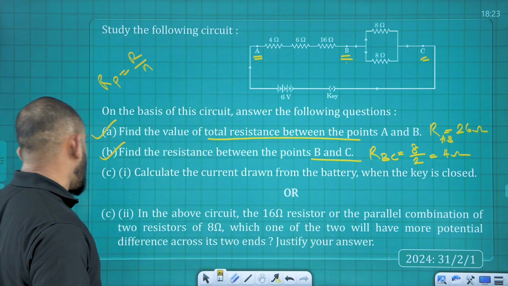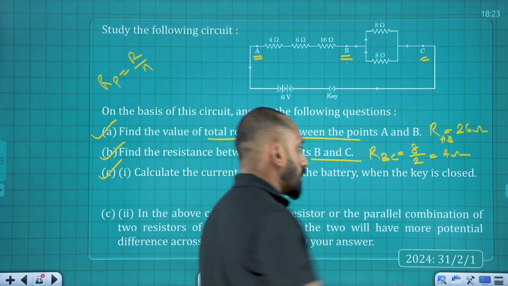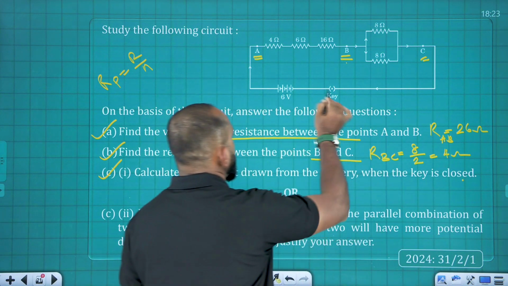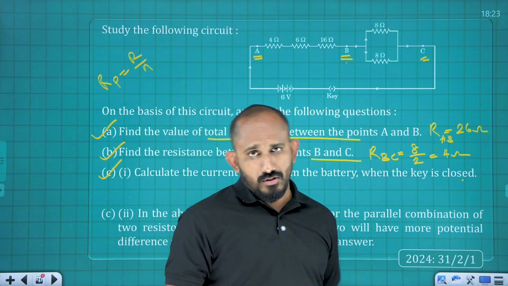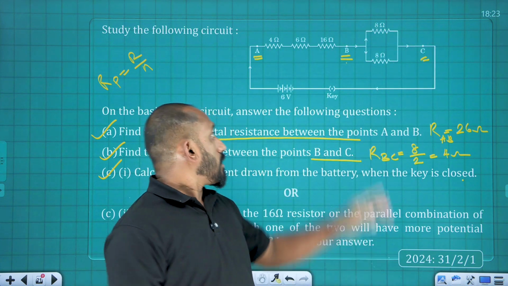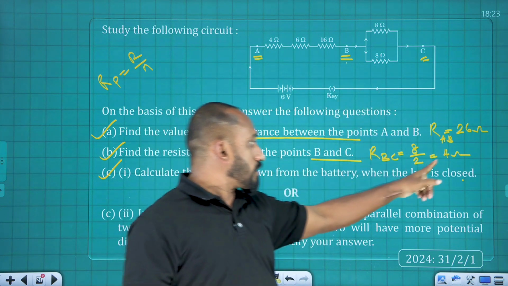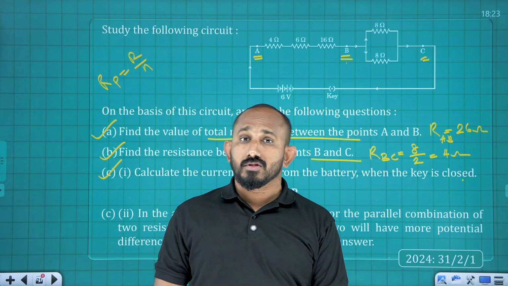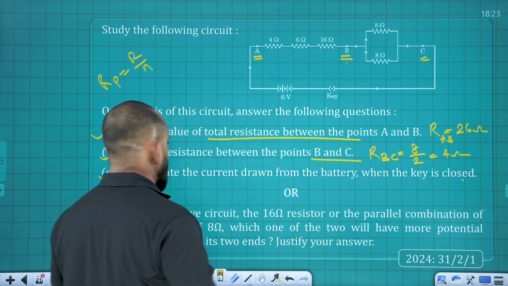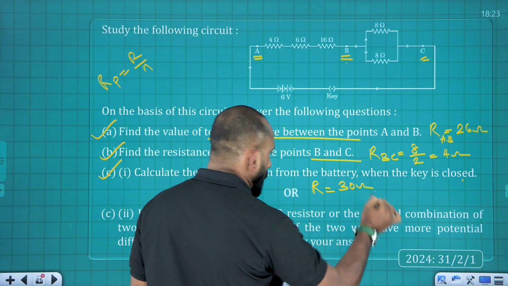Next one, C part. Calculate the current drawn from the battery when the key is closed. When the key is closed, what is the total current passing through? So between A and C, what will the resistance be? Between A and B, we got 26 ohm. B and C, we got 4 ohm. 26 plus 4, how much? 30 ohm. So net resistance here will be equal to 30 ohm.